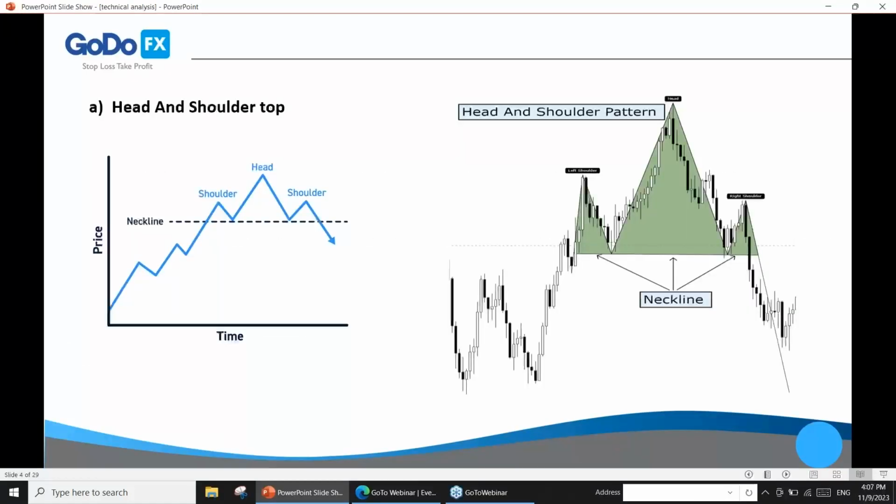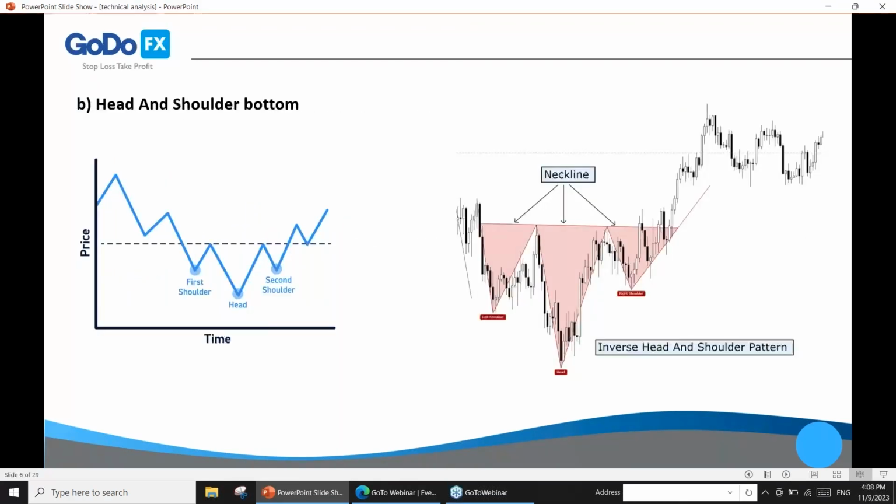What I mean is we can draw a vertical line from the head to the neckline, and then we copy and paste it downward under the breakout, under the neckline, and at the end of the vertical line we're gonna put our target, which is gonna be the take profit, and here we're gonna put our stop loss. So to know our target, we should only draw a vertical line, copy and paste it, and indicate our target, which is gonna be the take profit.